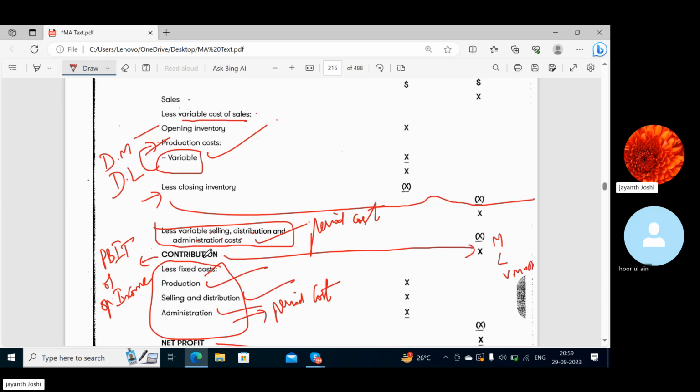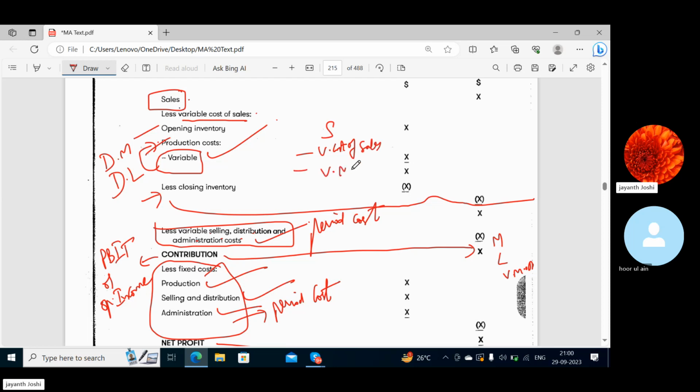The statement can be somewhat lengthy to understand, but when you see the statement clearly, you have taken sales, and from that you removed variable cost of sales, the variable manufacturing cost, and variable selling and distribution cost.